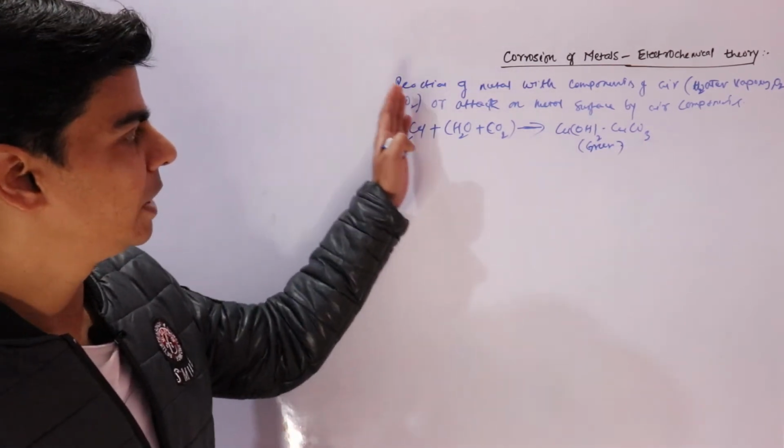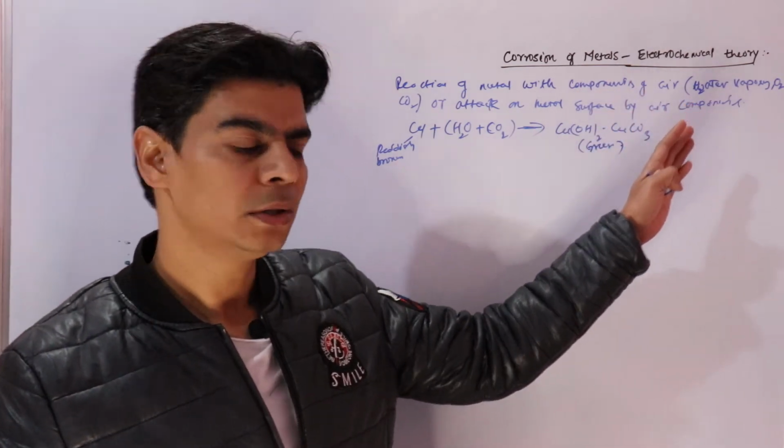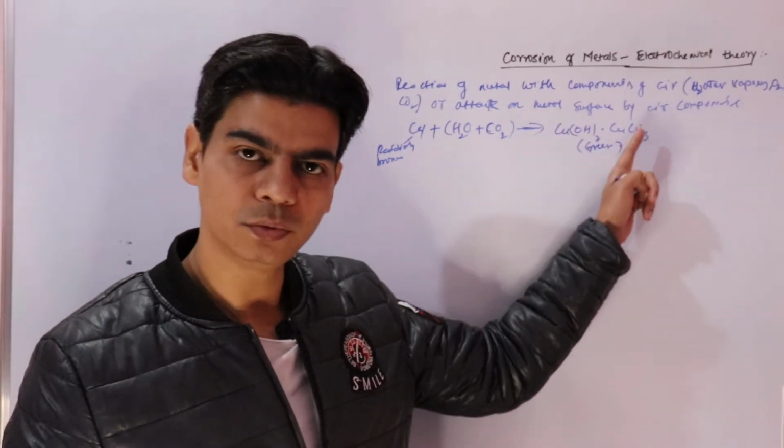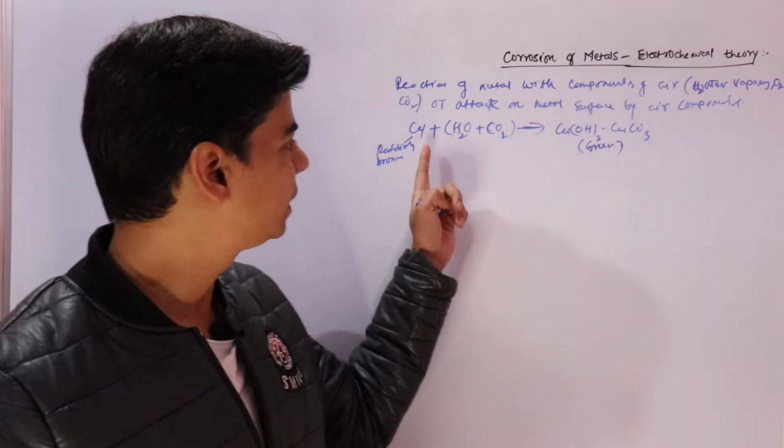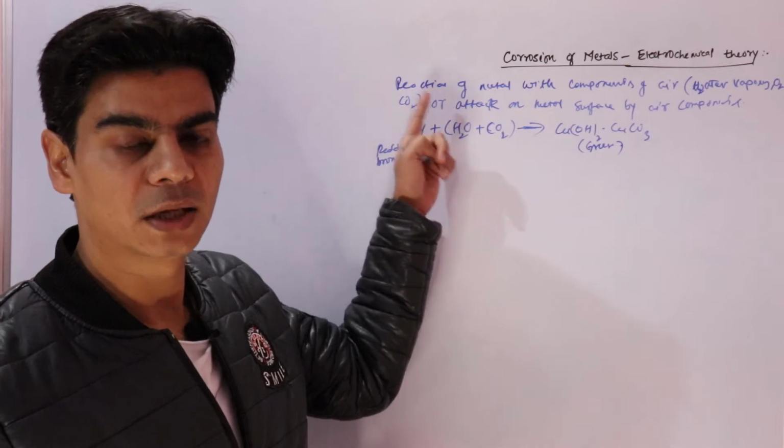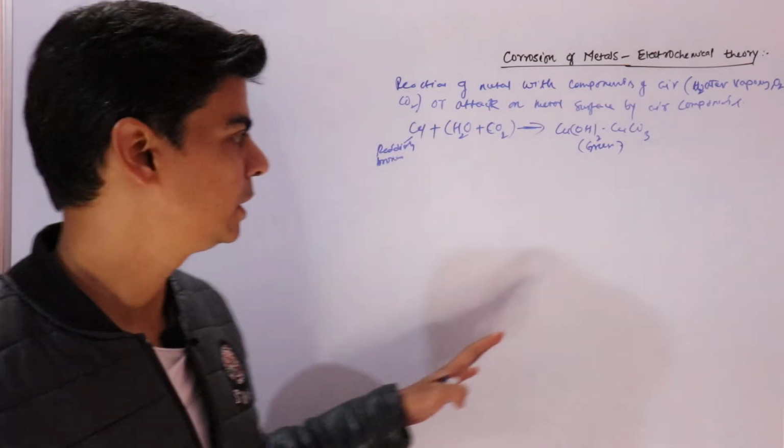So here, when metals react with components of air, they form different chemical compounds, right? Due to formation of these chemical compounds, metal will lose their original luster and shine, right?